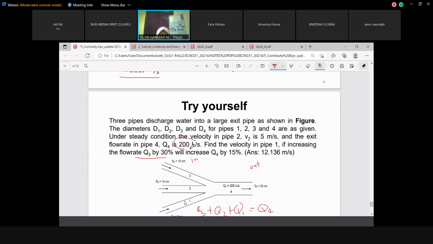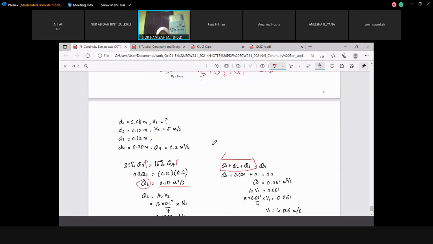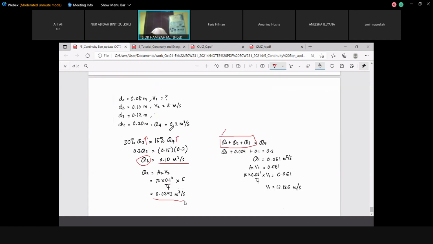Q4 adalah 200 liter per second. So the standard unit is meter cube per second. So converting liter to meter cube, it is 0.2 meter cube per second.